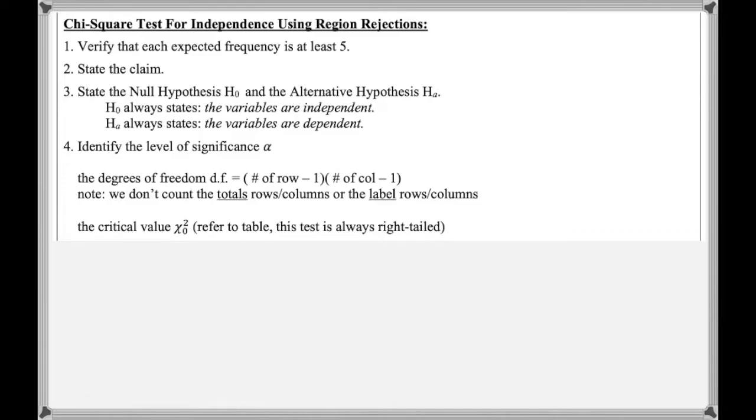Next, identify the level of significance, the degrees of freedom, and the critical value. The degrees of freedom are equal to the number of rows minus 1 multiplied by the number of columns minus 1. And very importantly, we do not count the totals or the label rows and columns.